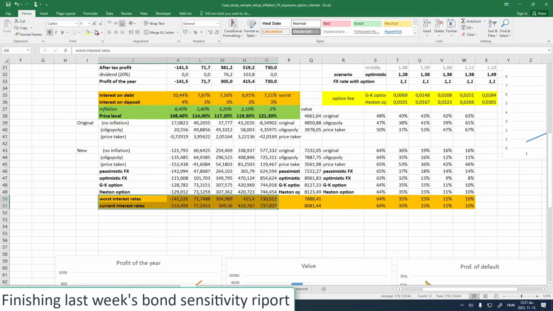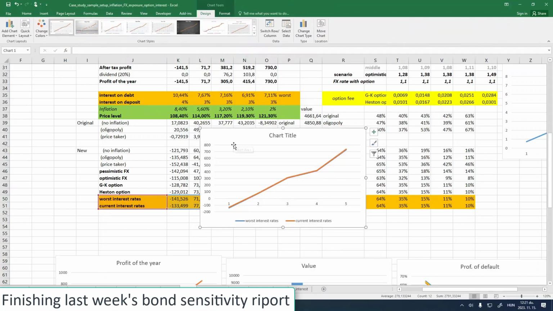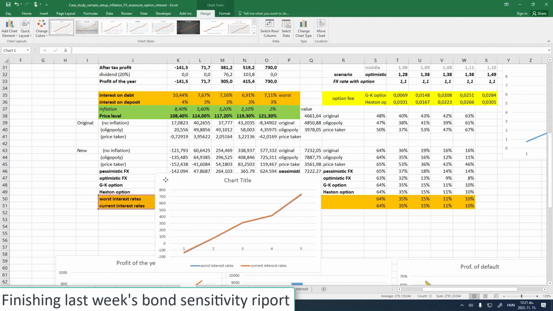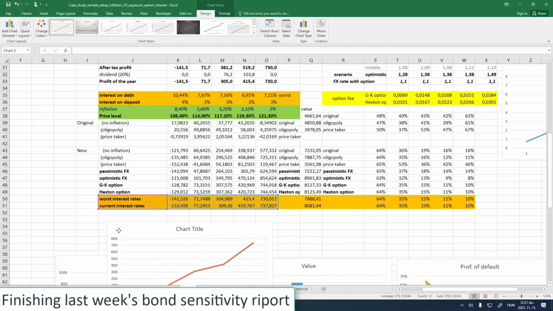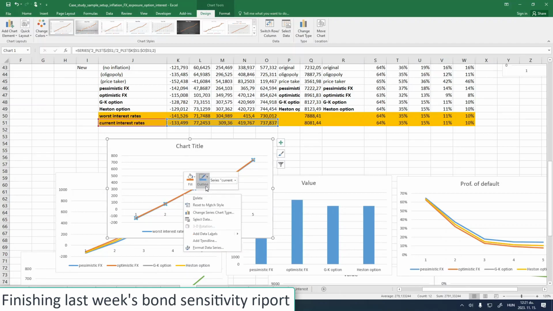So yeah. Also last time we generated all the data, so now we just have to say what happens with profitability. So insert a nice line diagram. Maybe one of them should be dotted. In this case we can see the lack of overlay.